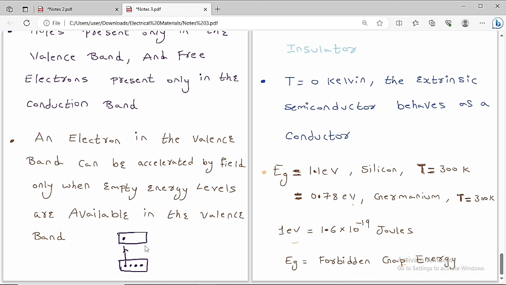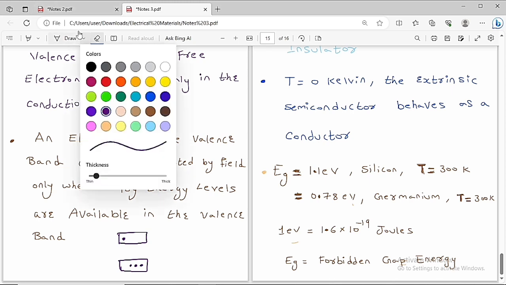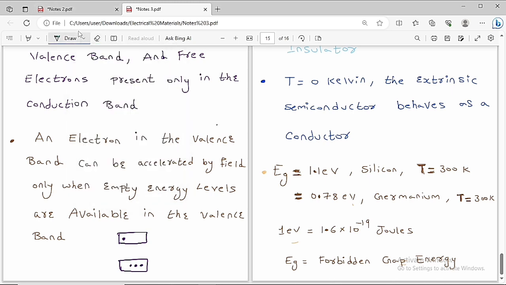This electron will go to this position, so now there is a vacancy here in the valence band. Now it is going to become a hole. Let me show you in another color. Yes, so this is a hole. Okay. So whenever an electron goes from the valence band to the conduction band, definitely the hole, or vacancy, is in the valence band.